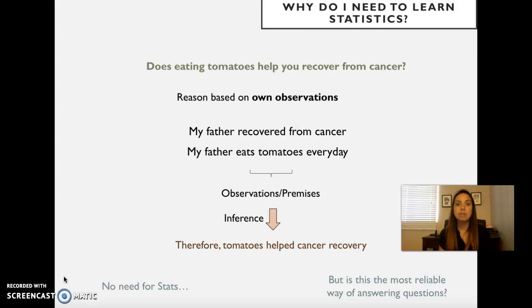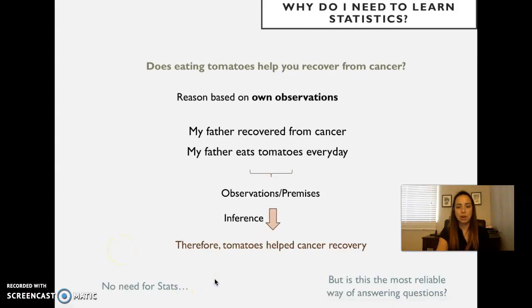But it is possible that tomato did help. However, it's hard to jump to that conclusion based on a limited set of observations, right? We have to have a way to capture how generalizable those observations are, which requires broader observations, right? Not just the one you've seen right around you.